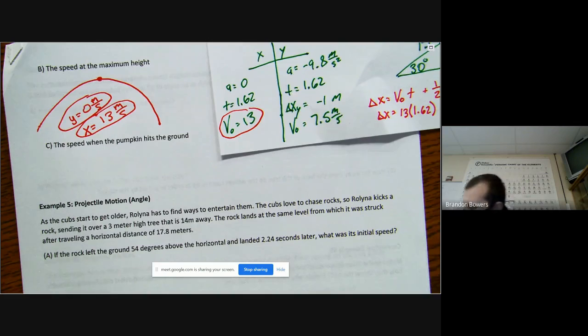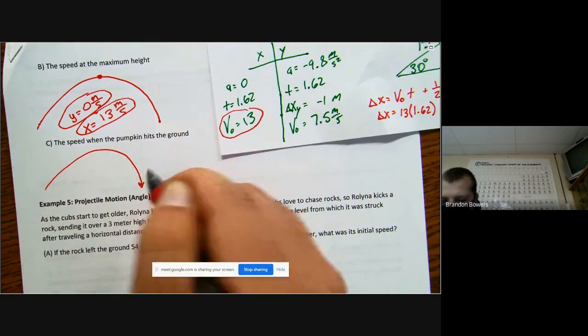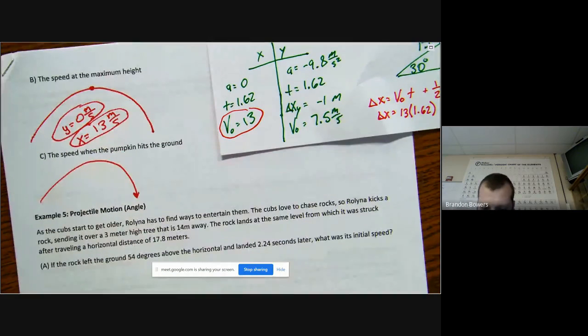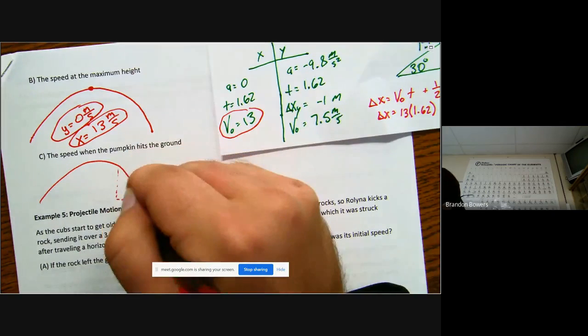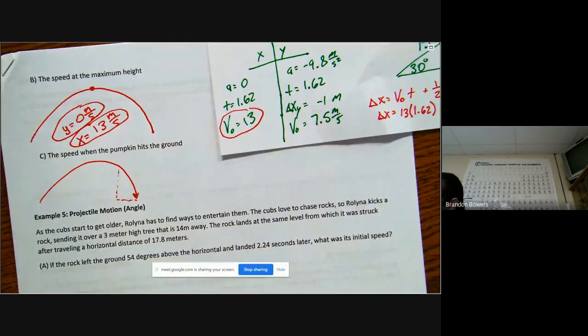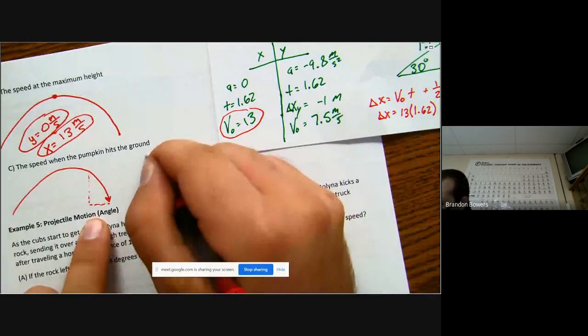Looking at all our data, I know my initial velocity in the y direction, I know the time it takes, and I know the acceleration. So I'm going to draw this a little bit bigger.